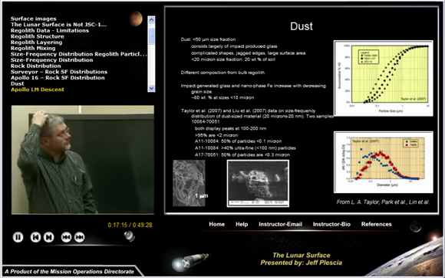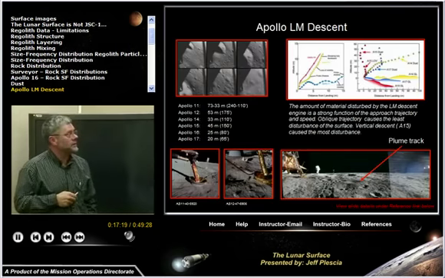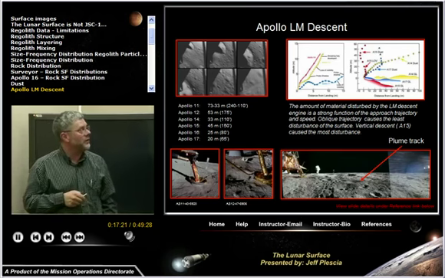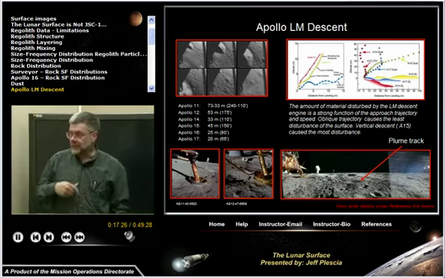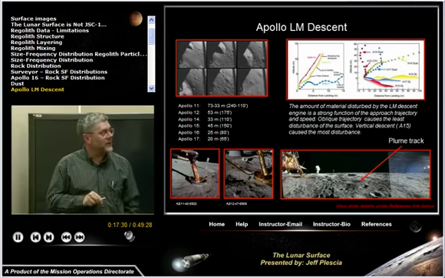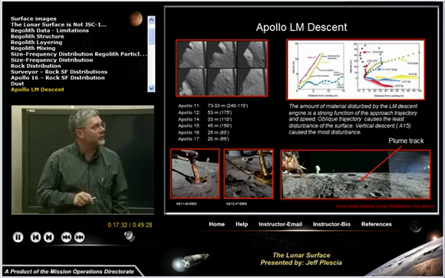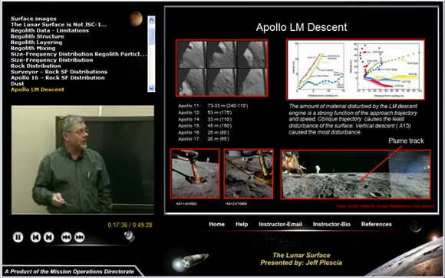Next slide. The other issue that's come up about dust is the plume of material that was generated by the LEM descent. On all the missions, they observed some dust mobility at different altitudes. What appears to be the case is that Apollo 15, which came down almost vertically, generated the most obscuration phenomenon.